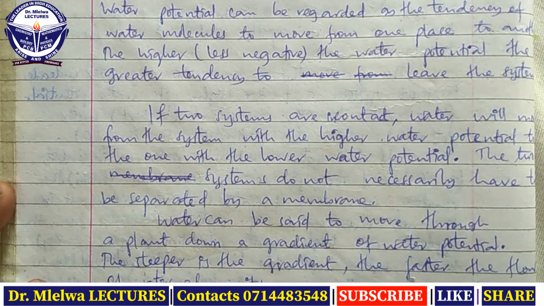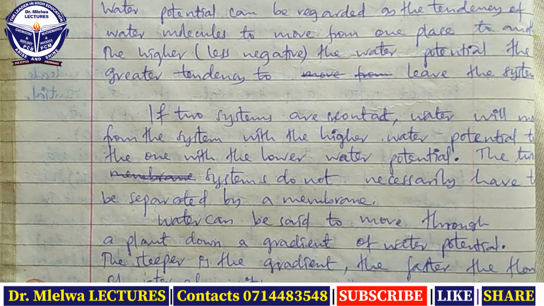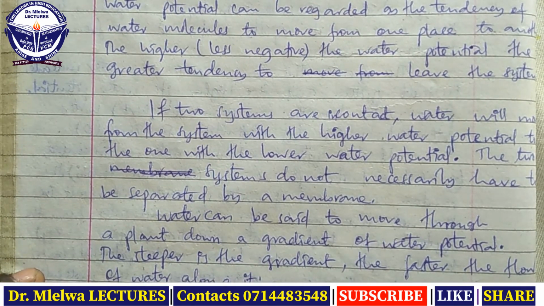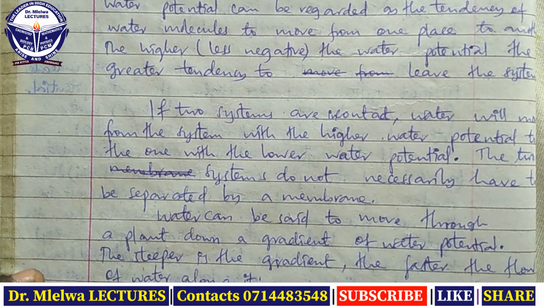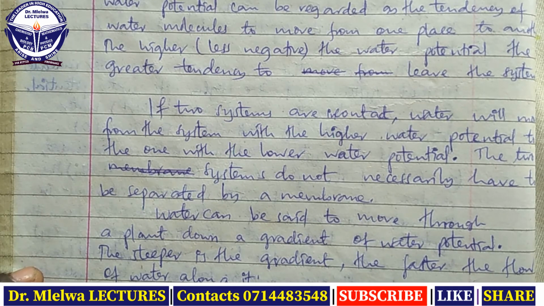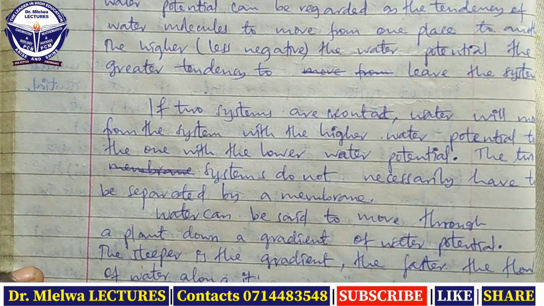The steeper the gradient, the faster the flow of water along it. The higher the difference between the water potential on two sides, the faster the water will tend to move from one side of the solution to the other.